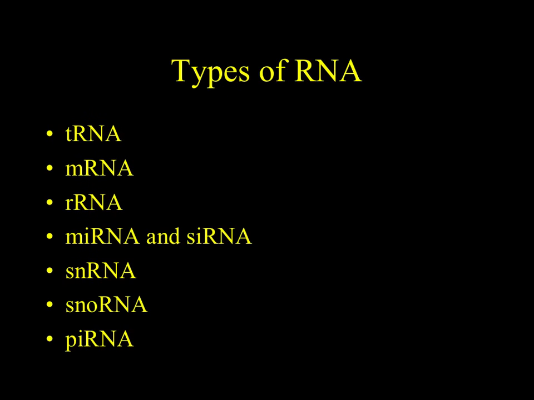So, all right, we're going to start with tRNA. What does tRNA do? The T stands for transfer. What is it transferring? I've asked this question before, people. Amino acids. Okay, it transfers amino acids where? To the ribosome.